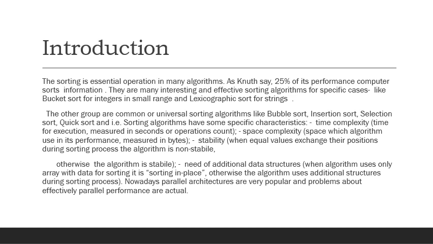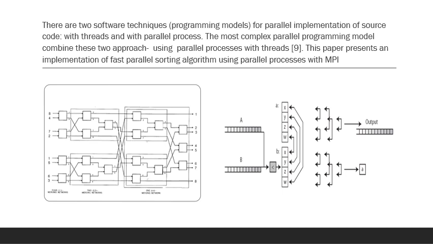Nowadays, parallel architectures are very popular and the problem of efficient parallel performance is current. There are two software techniques, programming models, for parallel implementation of source code: with threads and with parallel processes.